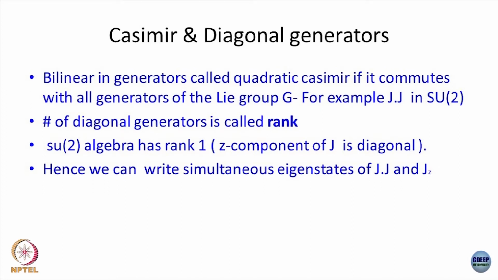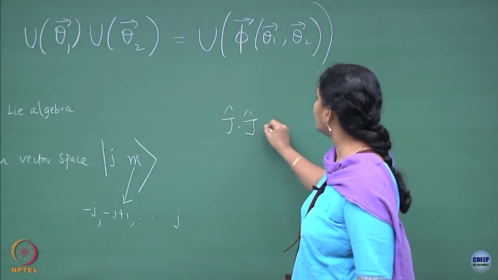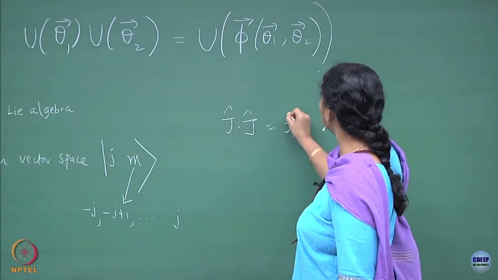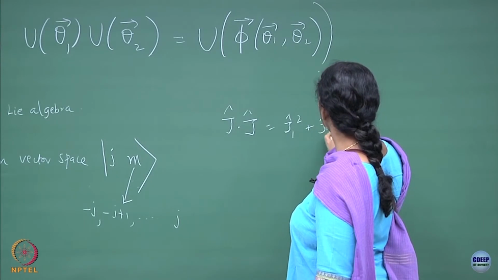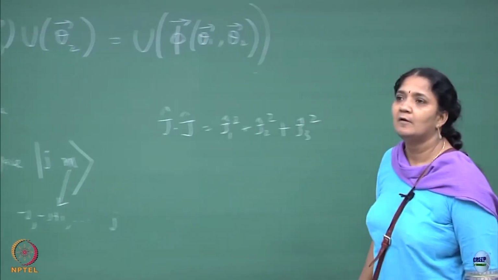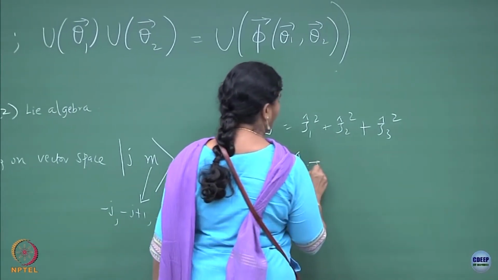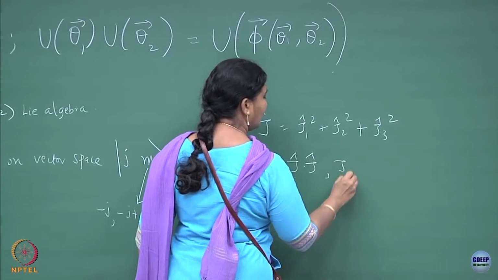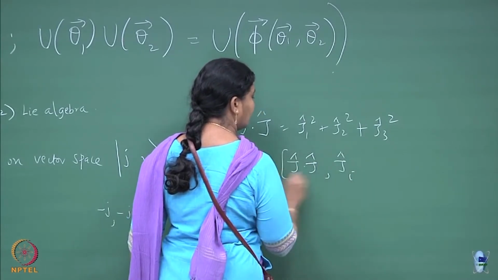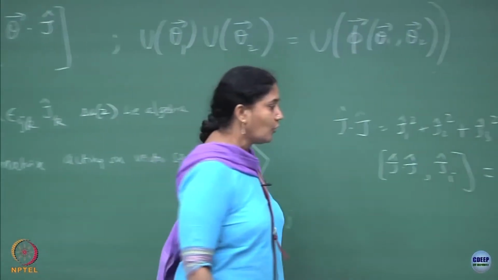For example, J dot J is bilinear in generators. I can write it as J1 squared plus J2 squared plus J3 squared, and J dot J commutes with any of the Ji's, it is 0 for all i's.